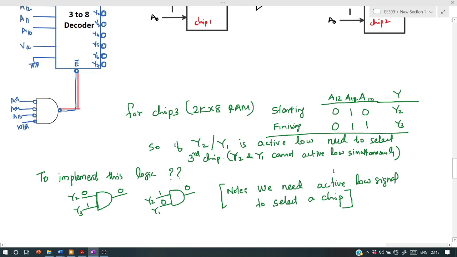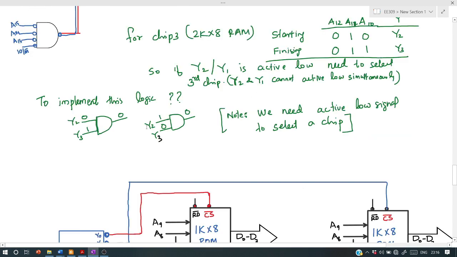How to implement this logic? Whenever Y2 or Y3 comes into the picture, under that condition, we need to select the first 2K into 8 RAM chip. In order to implement this logic, we can use AND logic. Let's see that one. If Y2 is 0 and Y3 is 1, output is 0. Please note that we need an active low signal in order to select a chip.